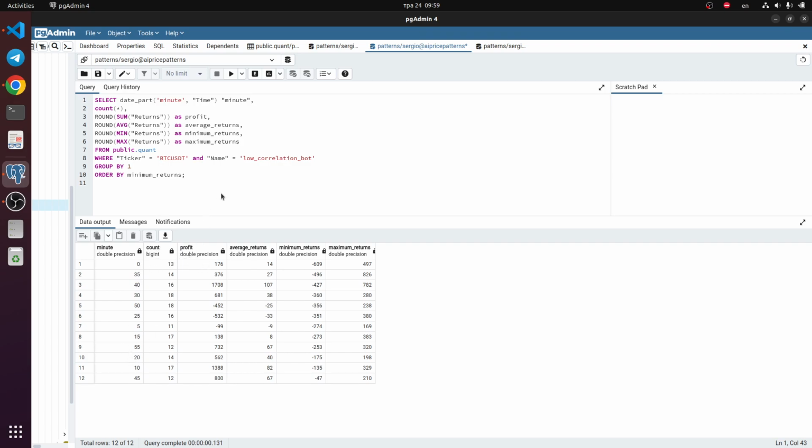Okay, I need the average return. Okay, I also find some patterns in minutes. It means on the cryptocurrency market we have too many different algorithm strategies, and they are activated, for example, in the first few minutes during the hour, something like this. And we also have some state of the market.